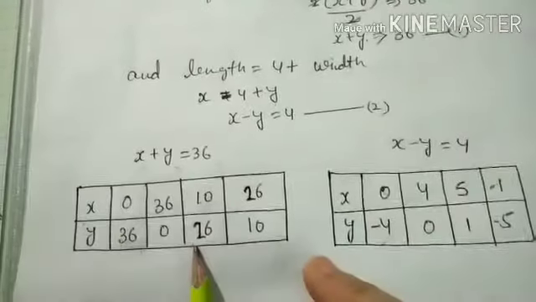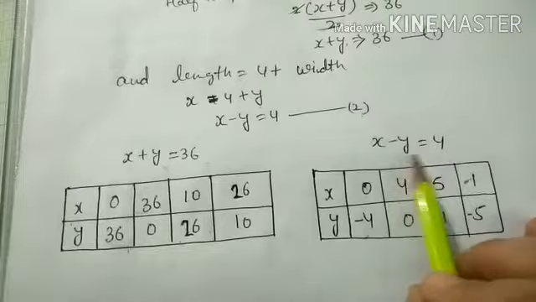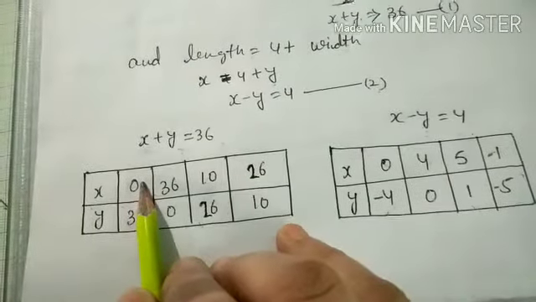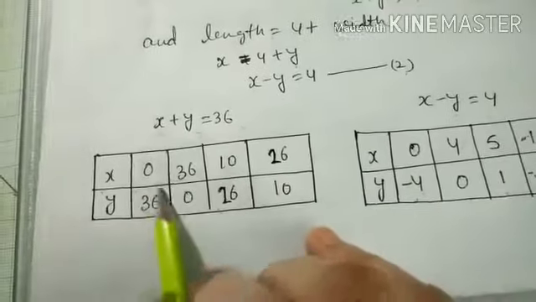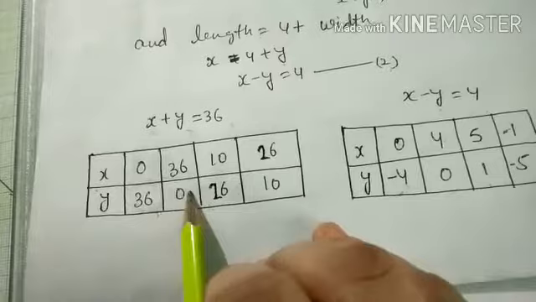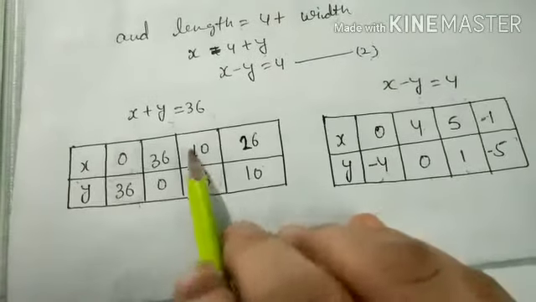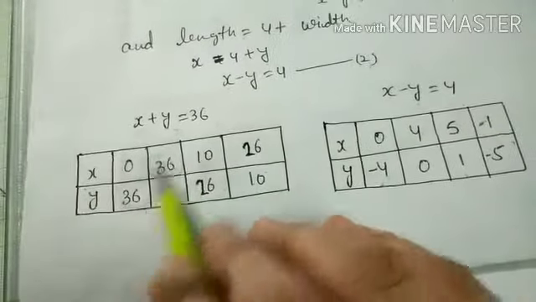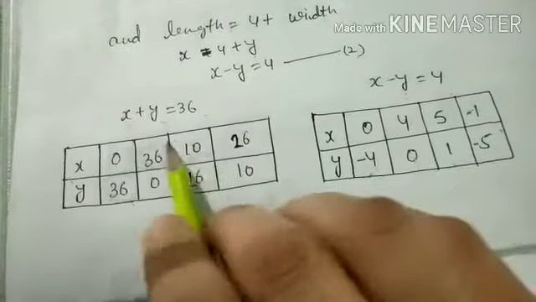Now we will make the table, for x plus y is equal to 36 and for x minus y is equal to 4. Here we will put the value of x equal to 0. Then the value of y we will get is 36. 36 is a very large number. It's okay, we can use the last two numbers. If both numbers are very large, we can use the last two values.